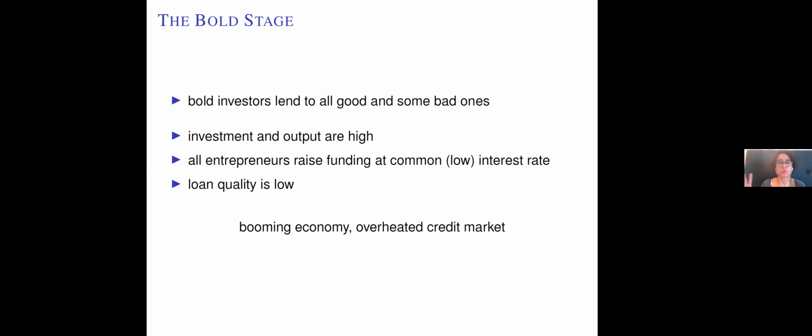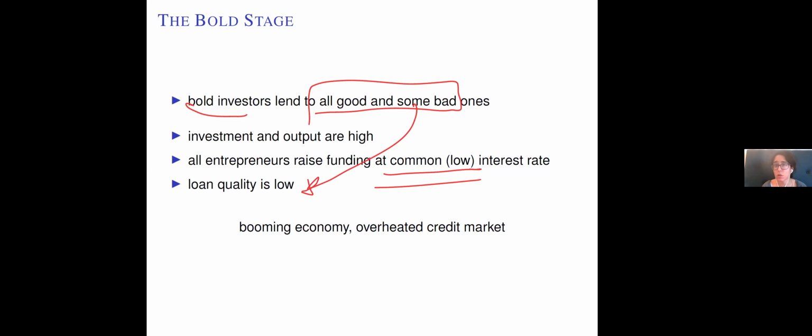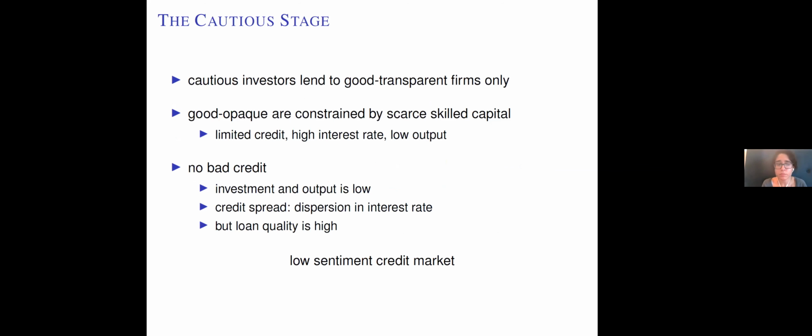All entrepreneurs raise funding at a common interest rate. So in the bold stage, there's only one interest rate. However, the loan quality is low, because all good and some bad entrepreneurs get credit. This is associated with the booming economy, but I would call it an overheated credit market.